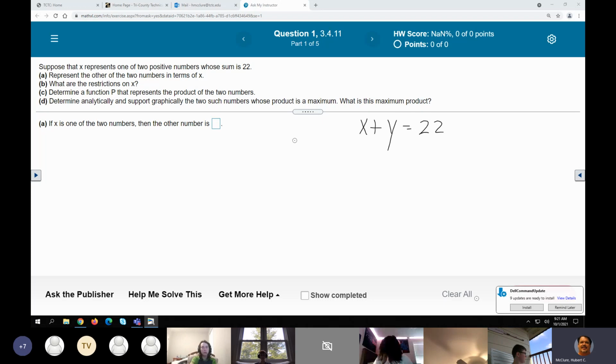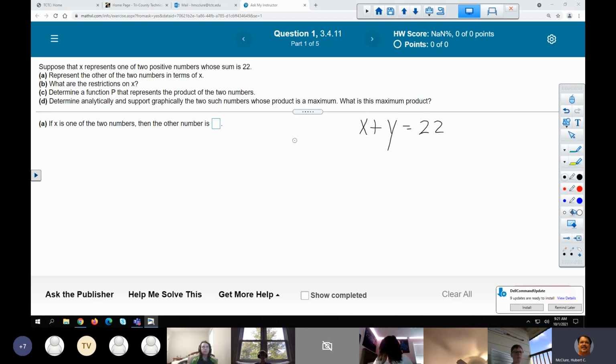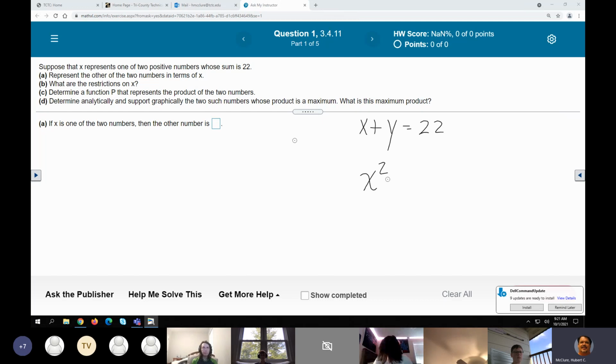It looks like to me you start off with x plus y and then you move to x squared, is equal to 22, by C. But this question is very vague.